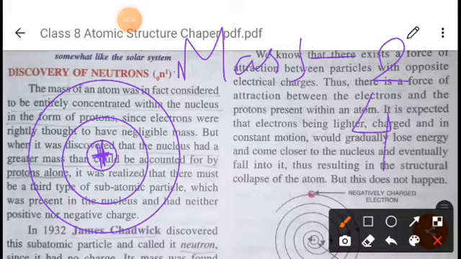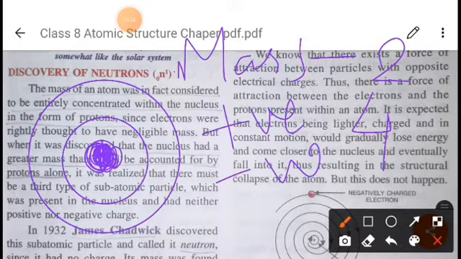Since the mass was coming almost double, scientists realized that there must be a third type of subatomic particle present in the nucleus. This is the nucleus, and in it a third type of particle is present, which is chargeless, having neither positive nor negative charge.